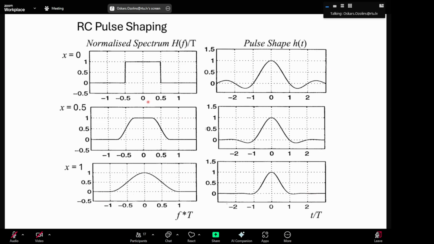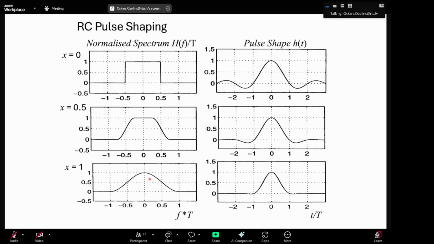These sharp shapes in the frequency domain are what you would like, so you don't have large tails of these signals, but then you have these going into the neighboring bits' pulse shapes.